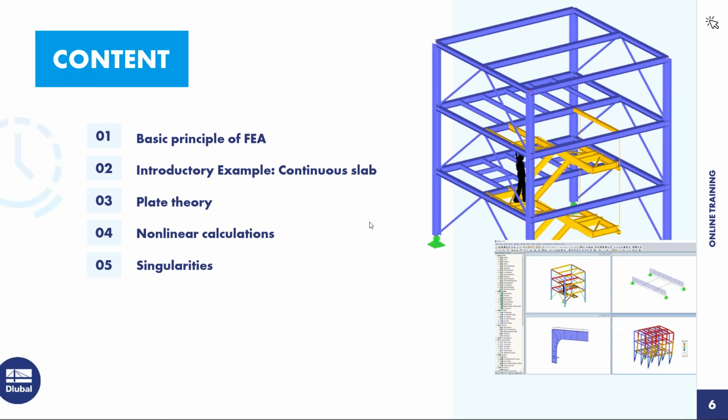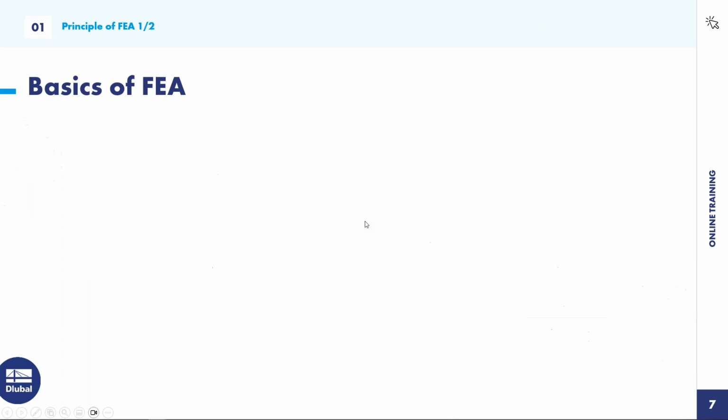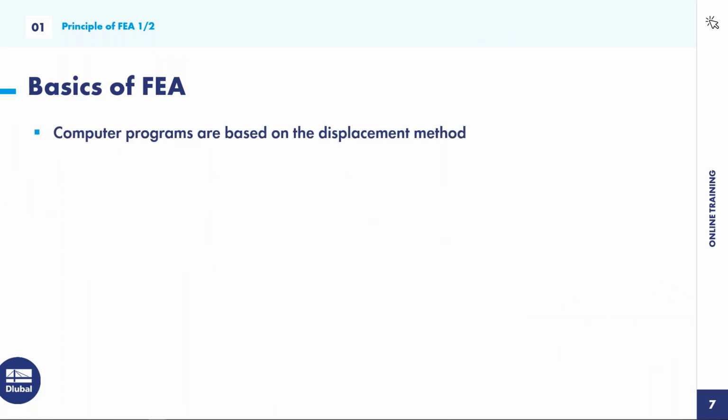Good. Now let's jump back to the presentation, the basics of FEA. Computer programs are based on the displacement method. Most of you might have heard that there are two basic methods for the finite element analysis, which are the displacement methods, where the displacements are the unknowns in our system of equations, and therefore the displacements are calculated.